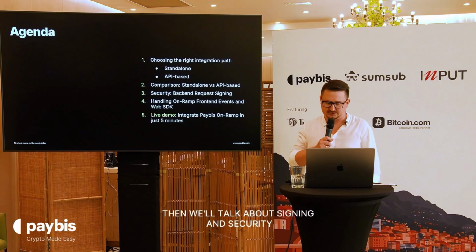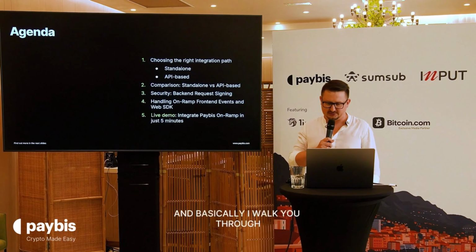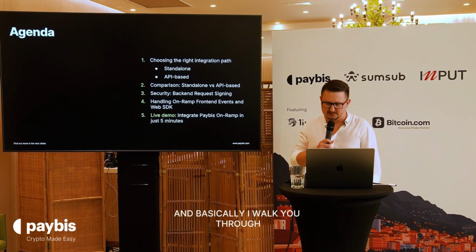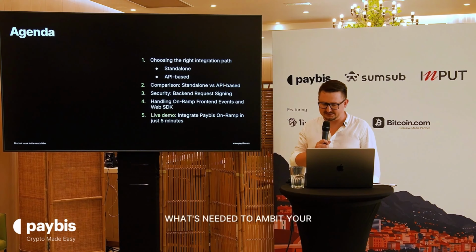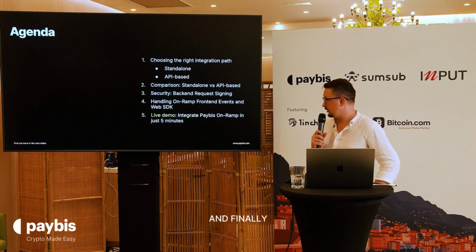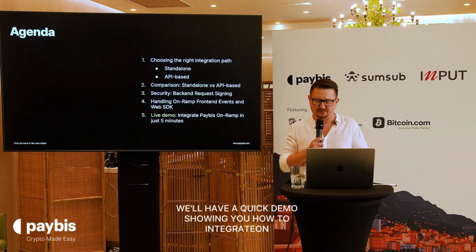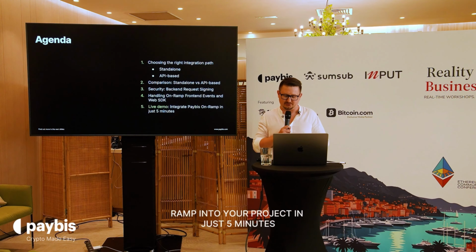Then we'll talk about signing and security. I'll walk you through what's needed to embed the ramp in your front end. And finally, we'll have a quick demo showing you how to integrate the on-ramp into your project in just 5 minutes.